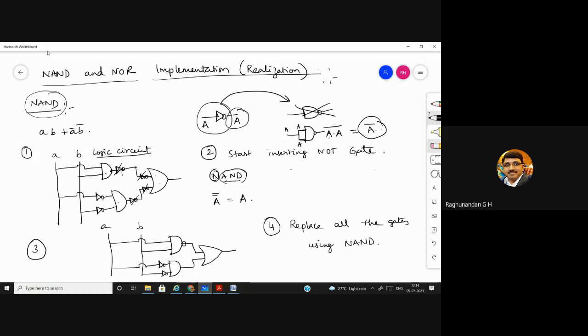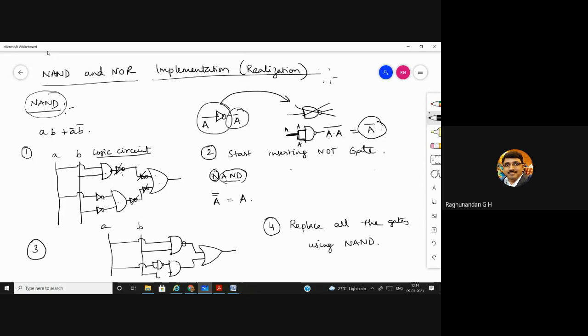Now, wherever we are having a NOT gate, here we are having a NOT gate, so use a two input NAND gate, which we are going to connect like this. That means you are giving a single input which is commonly given to the two inputs of the NAND gate.